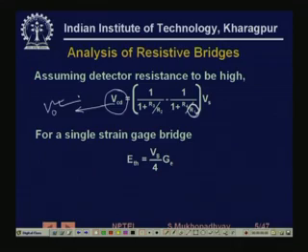In this case you can find out that the output voltage is actually a nonlinear function of R1, but if the change in R1 is very small, then the output voltage becomes proportional to the change in R1. So it is linear over a certain range. This kind of Wheatstone bridge is actually used in various configurations in instrumentation.